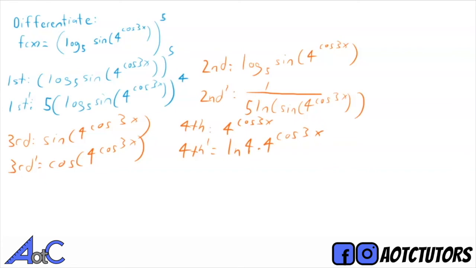Alrighty. So the first function was the polynomial, then the second function was the log, then the third function was the sine, then the fourth function was the exponential of base 4. Inside there, we need to look into the exponent now. We have cos of 3x, so that's our fifth function. Hang on guys, I just want to change the color here.